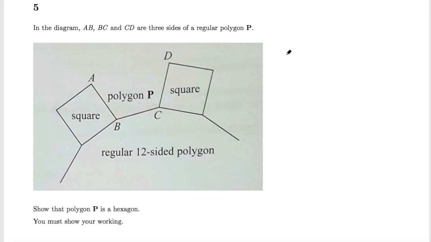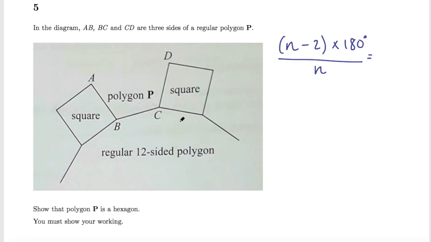Generally the formula for finding the total of the interior angles goes like this: n minus 2 times 180, and that will give you the total of the angles in a polygon. And then you can divide that by the number of sides, and that gives you one angle inside that polygon. So using this, we need to prove that this is a hexagon.